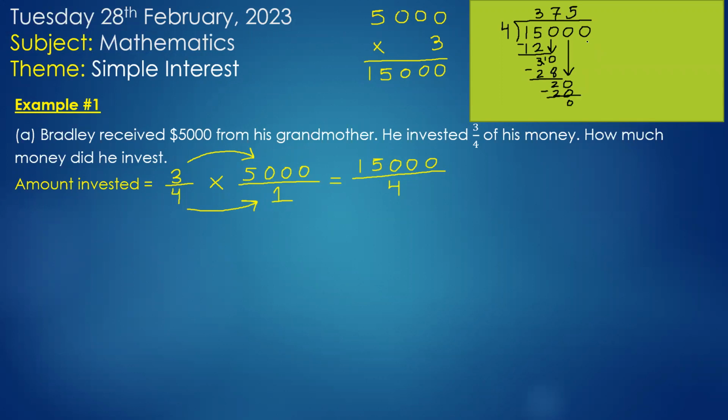We bring down the 0. 4 times 0 is 0 again. So the answer is 3,750.